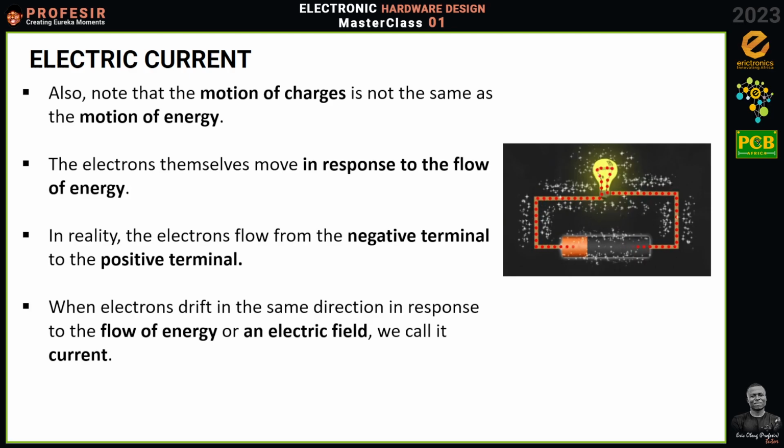When we say something is drifting, it is not going by its own will. The electron would have wished to go somewhere else, but the energy is forcing it. Take it as the energy pulling it to move in a particular direction that the electron itself is probably not thinking of going. That's what we mean by drifting. So when electrons drift in the same direction, we call it current.